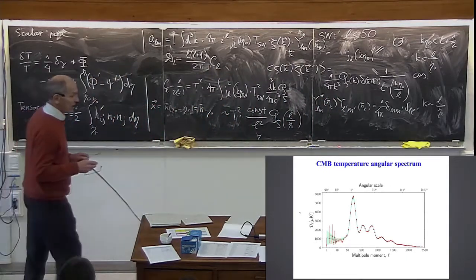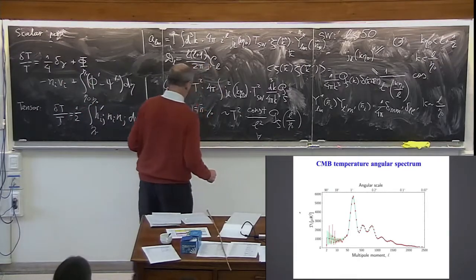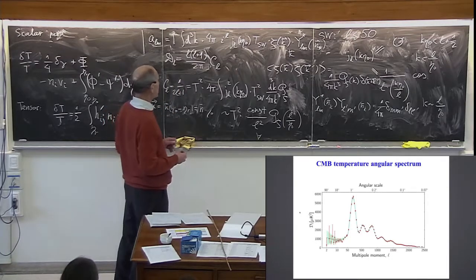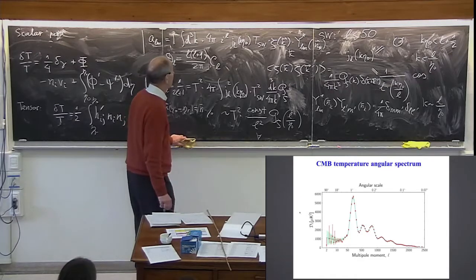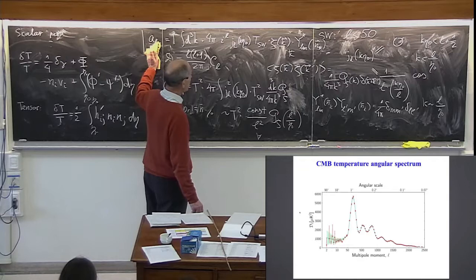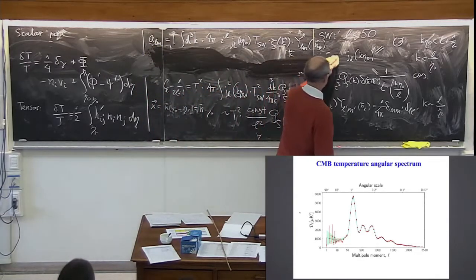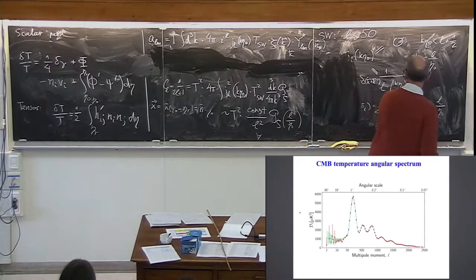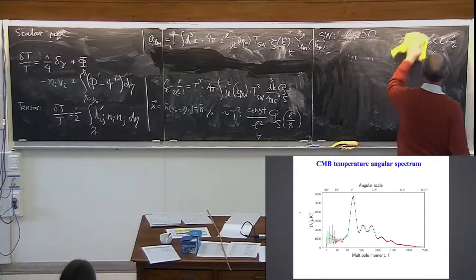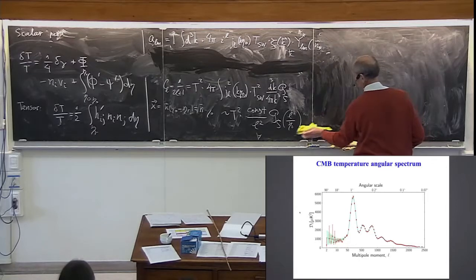Right, now let me be quicker. The next point is to go to higher multipoles, and this formula remains correct. But the point now is that this transfer function t here is actually pretty complicated, right? So let me write down the Sachs-Wolfe contribution again.